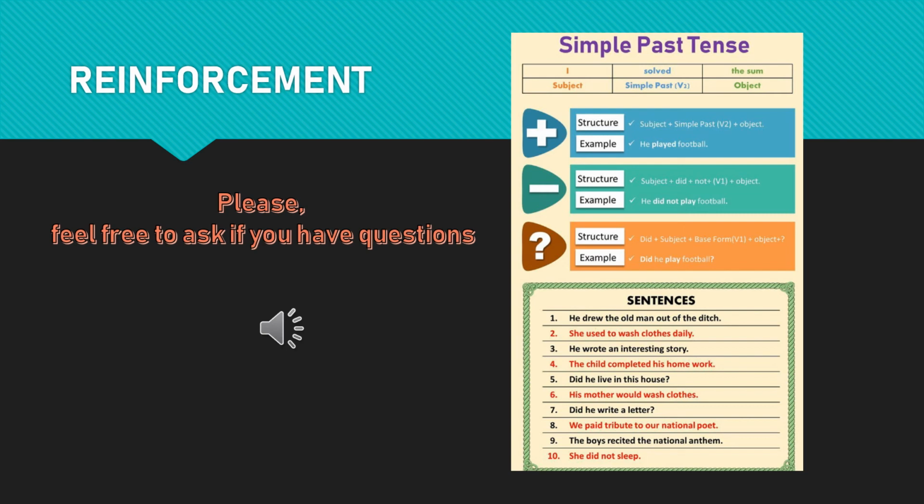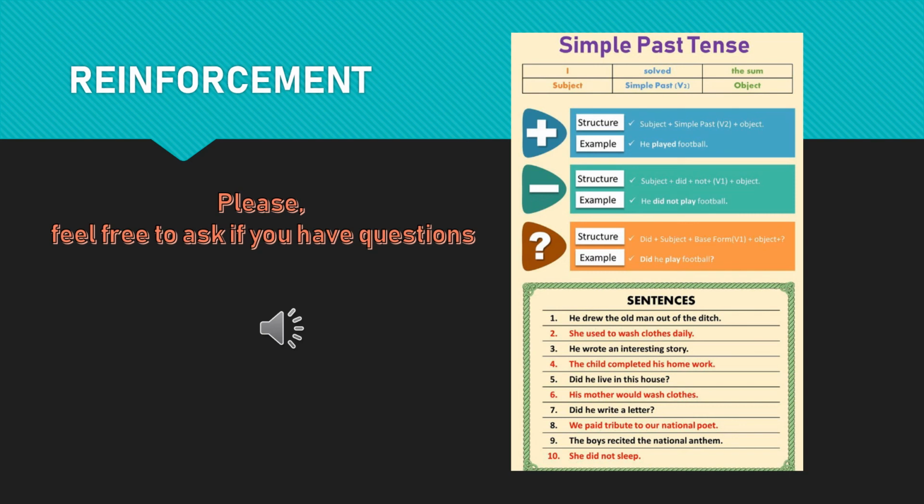For example, we have the positive structure, which is subject plus simple past plus object. He played football. We have the negative structure, which is subject plus did plus not, or it could be didn't, plus the verb plus object.